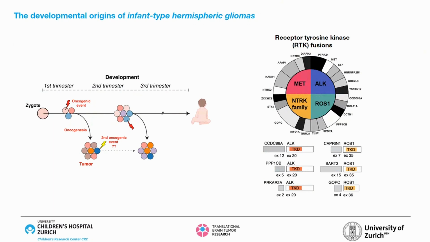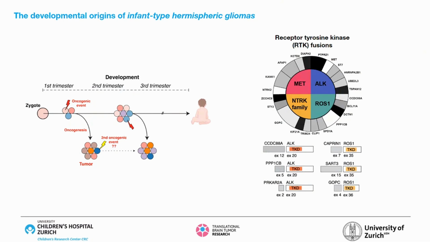Like many pediatric brain tumors, these often arise from genetic dysregulation that occurs during development. At the root of this dysregulation, in the case of infant-type hemispheric gliomas, is an RTK fusion, which restricts some cells from completing their differentiation trajectory and instead forms a tumor.